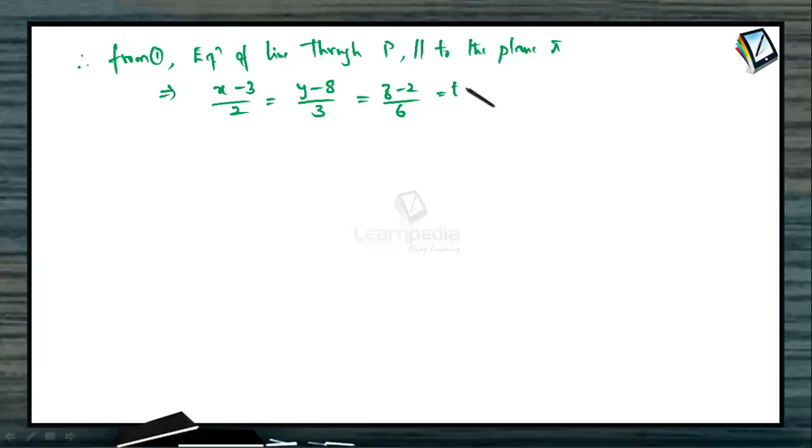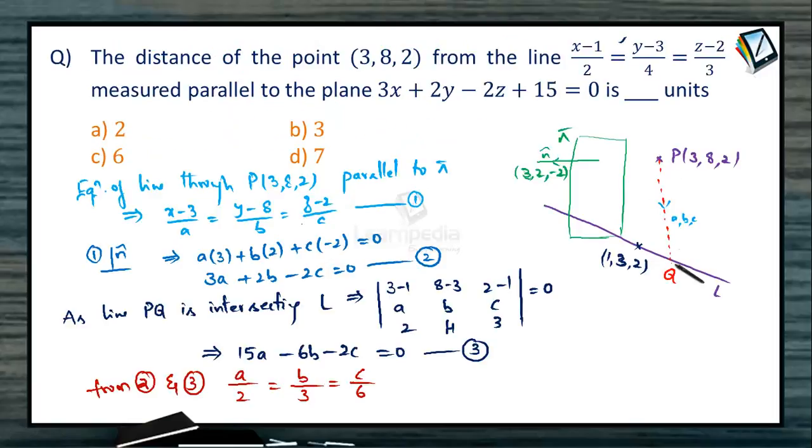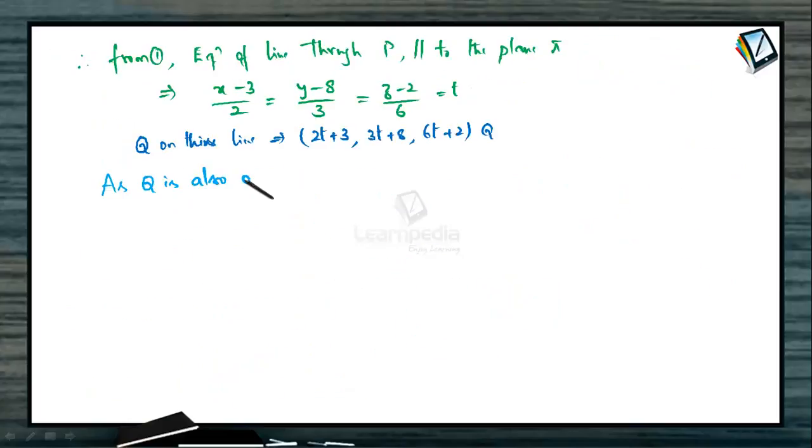Let's treat each of them to be equal to t. Then the point Q on this line would be in the form (2t + 3, 3t + 8, 6t + 2). But where is this point Q? Not only on the line which is passing through P and parallel to the plane, this point Q is also on the given line L, (x − 1)/2 = (y − 3)/4 = (z − 2)/3.